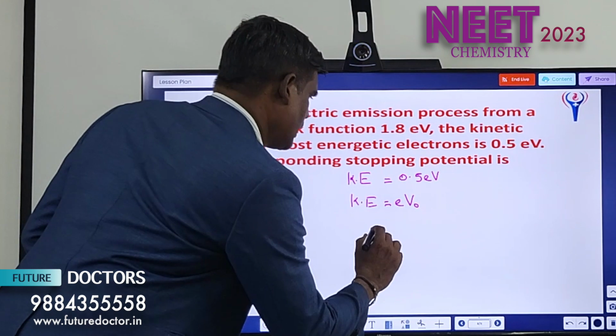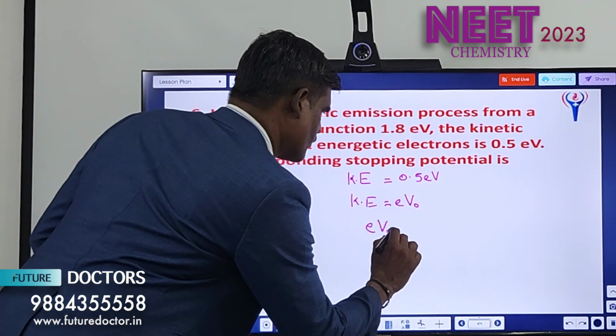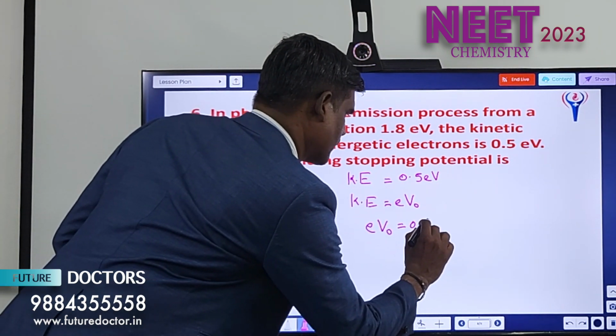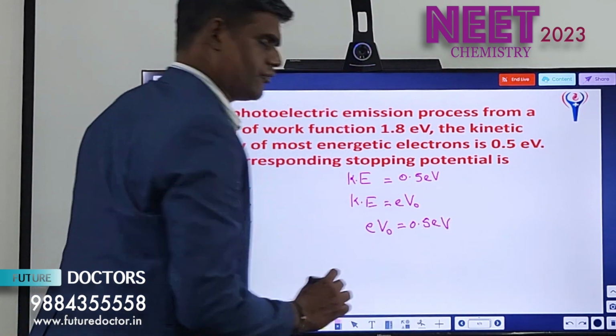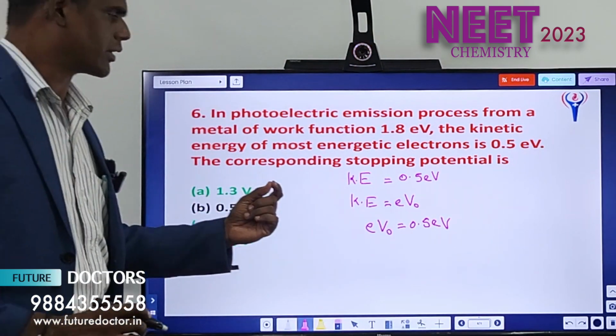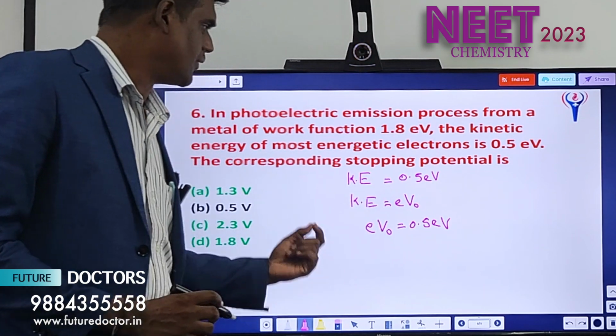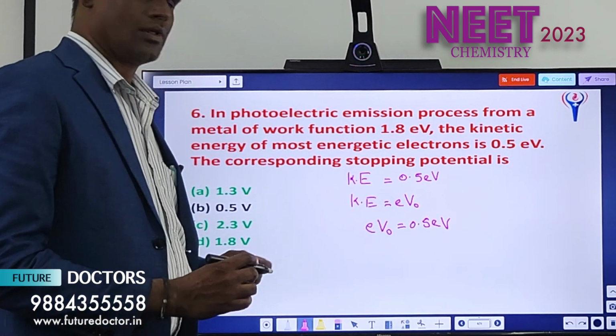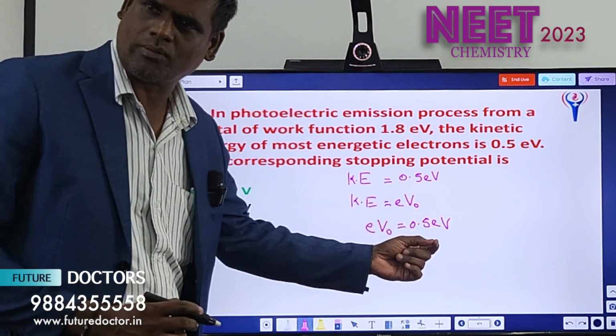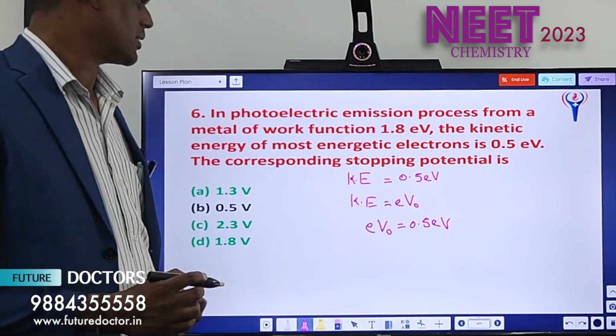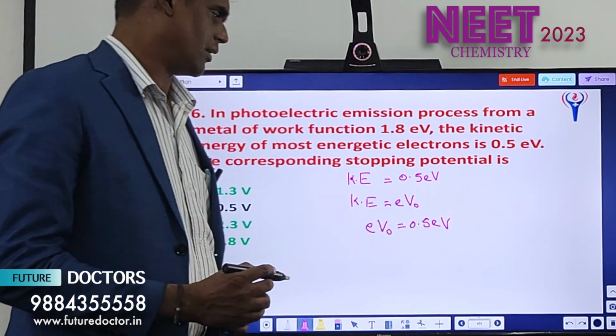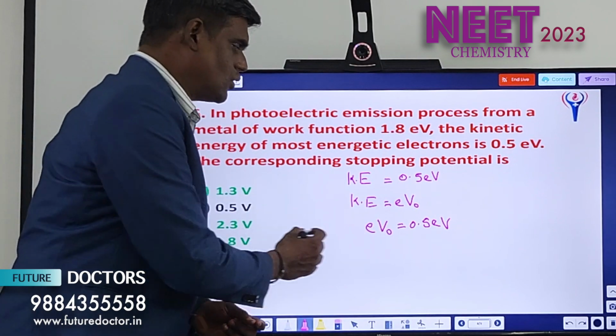Then eV naught equal to 0.5 eV. Then what you want to do? You want to convert this into joules. eV to joules, multiply by 1.6 into 10 power minus 19. And e, what's the value of this e?